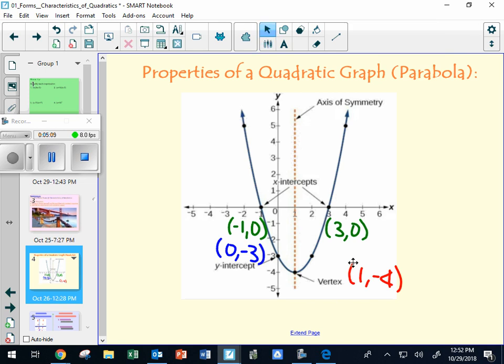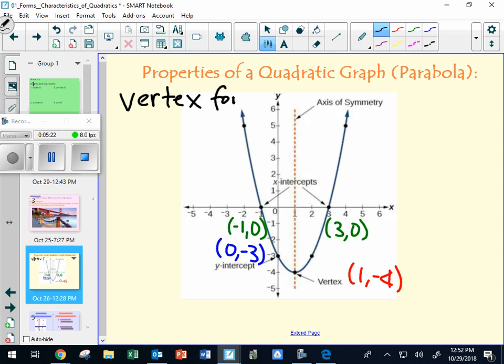All right, so we have these 4 different points that are important for us. And right now, the first form that I'm going to show you guys is going to make use of this vertex. This first form is called vertex form. For our vertex form, it's going to look like y is equal to x minus, and then our x ordered pair, so 1, squared, and then we have a minus 4 over here.